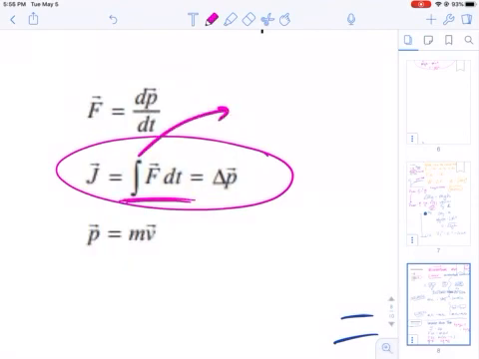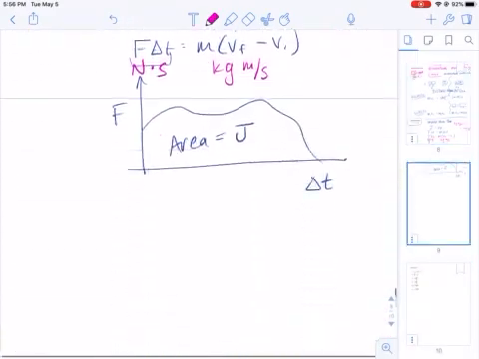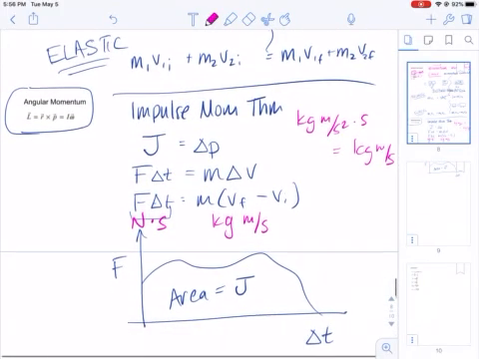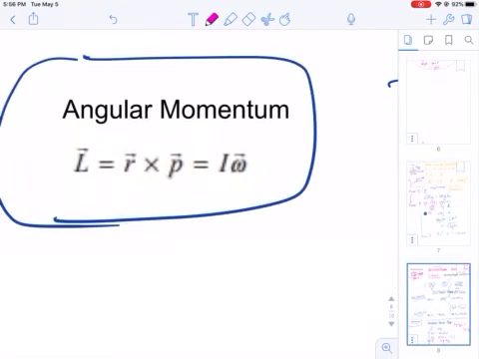Our symbol for angular momentum is L. Angular momentum is equal to the moment of inertia times the angular speed. And remember that angular momentum is conserved as well.